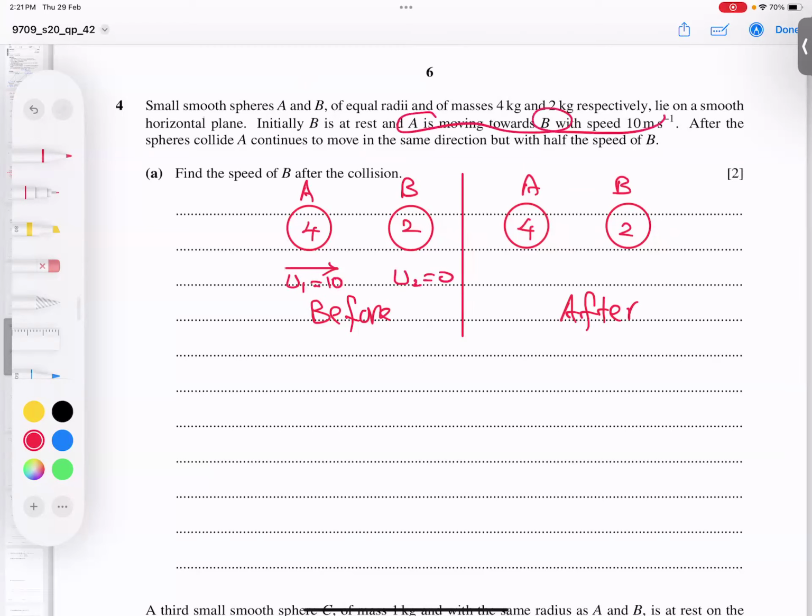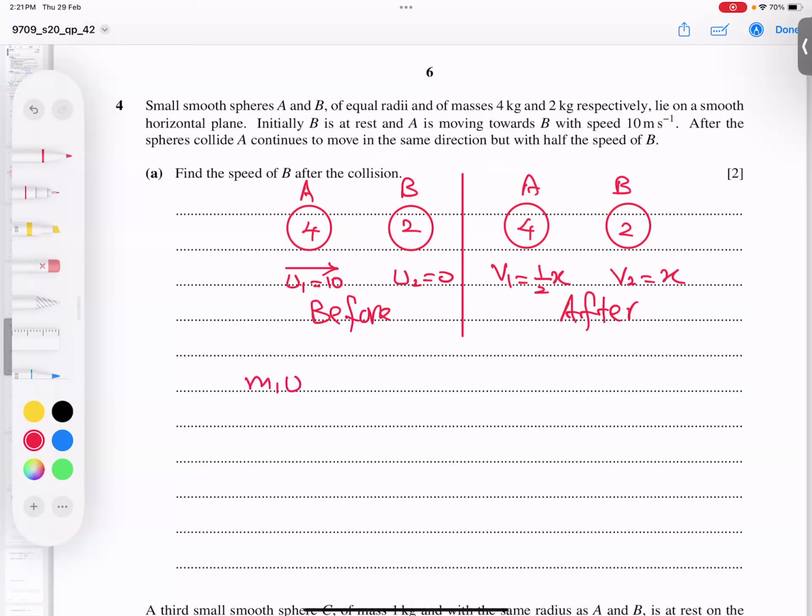A is moving towards B with a speed of 10, so I wrote 10. After the collision, A continues to move in the same direction with half the speed of B. So let's say B's velocity V is X. Then A's velocity becomes X/2. I think this part is clear.